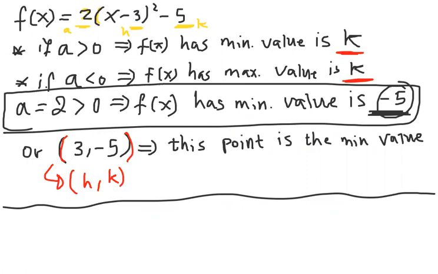What decides it is the value of a. So first, I have to check what is a. What's the sign of a? Is it positive or negative? If it's positive, then k is the minimum. If a is negative, then k is the maximum.